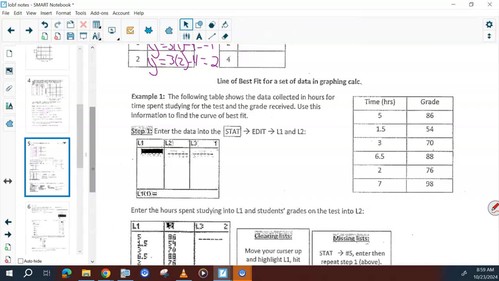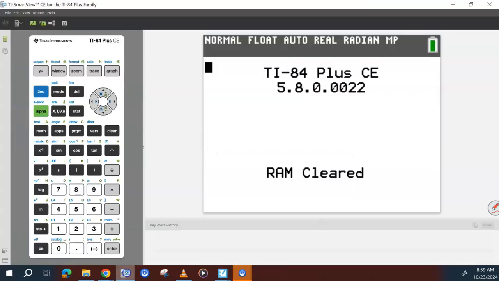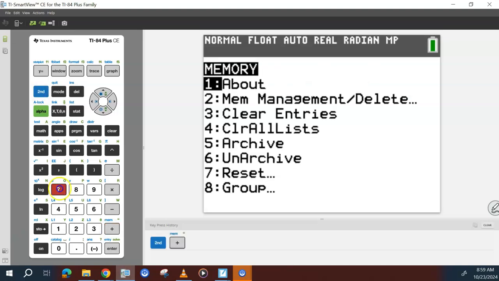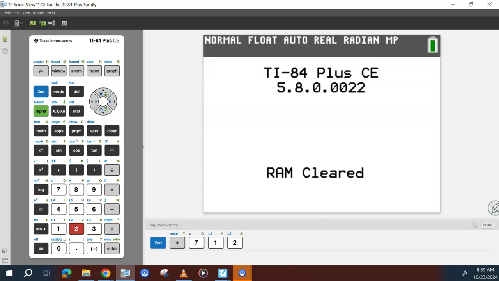So first, I want you to reset your calculator. Second plus 712. Please. Reset your calculator.